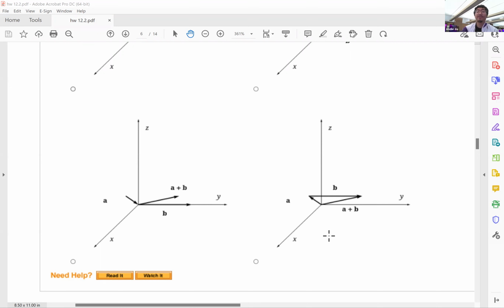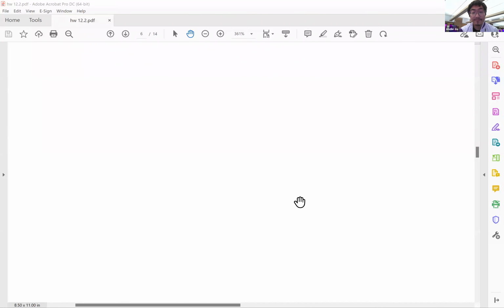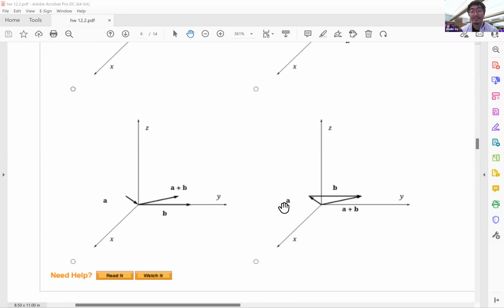And forming this triangle, it's going to be this. The bottom right is the correct answer.